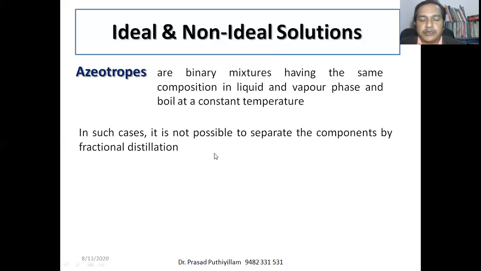In the previous cases, we saw positive deviation, negative deviation, and even ideal solutions. We know the vapor pressure of individual components, that is, at what temperature they vaporize at what pressure, and we can even calculate the temperature.